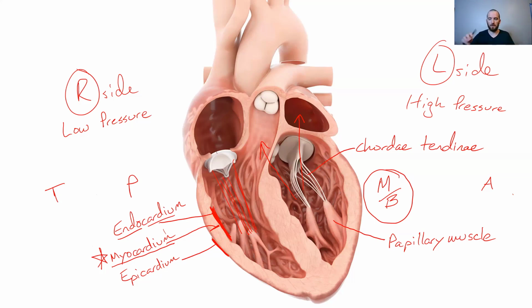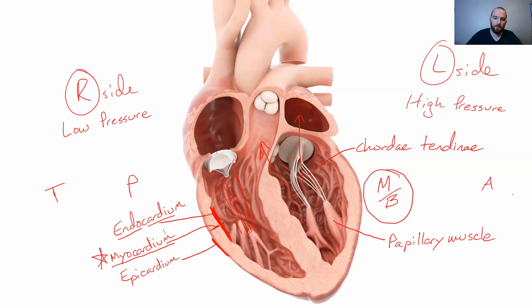That's not a muscle-driven thing, but that's where a lot of the blood vessels are. So that middle layer is where we usually spend more of our time, because it's the one doing the things that we're talking about. We're talking about the heart contracting, the muscle contracting, that's the myocardium in the middle.